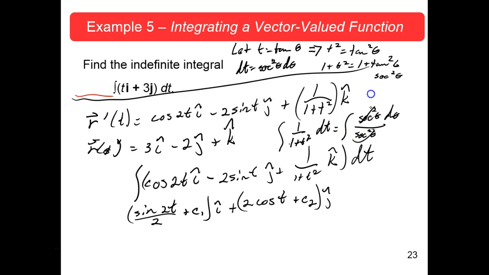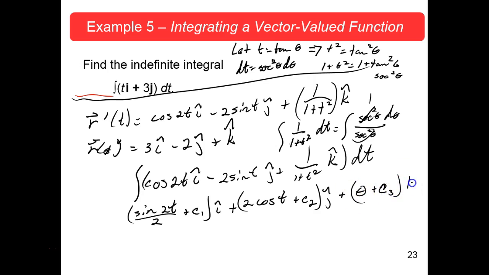Those go out and you're left with a 1. But now we've got thetas, not t's, so this would be, I'm going to write it down here because that's where I've got room, plus, what's the antiderivative of 1 d theta? Isn't it just theta? Okay, so that would be theta, and I'm going to put a C3 here.